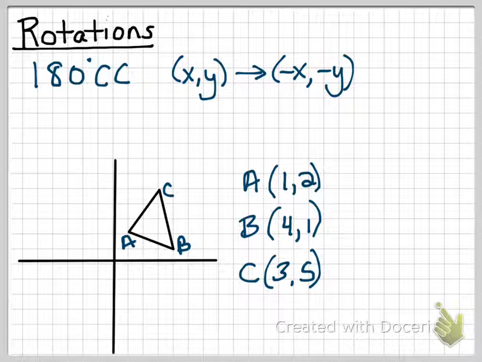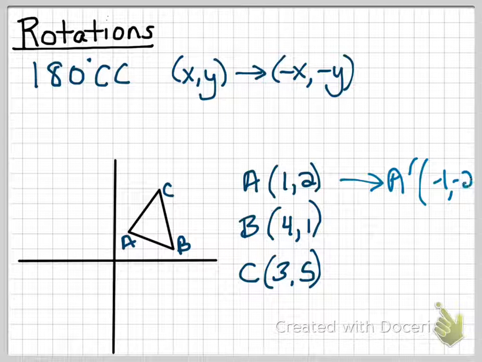If we stick with the same original triangle, A was originally at (1, 2). So if we do the 180, A prime is going to be located at (negative 1, negative 2). If I graph the point over here, here's A prime.